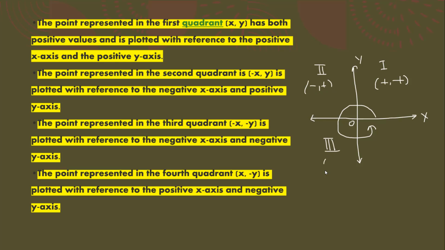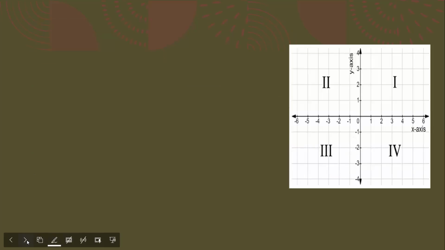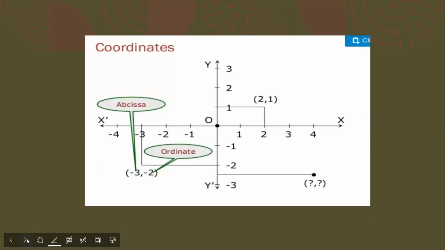Here both x and y coordinates are negative. This is the fourth quadrant. Here x is positive and y is negative. Here you can see the location of points in the Cartesian plane.